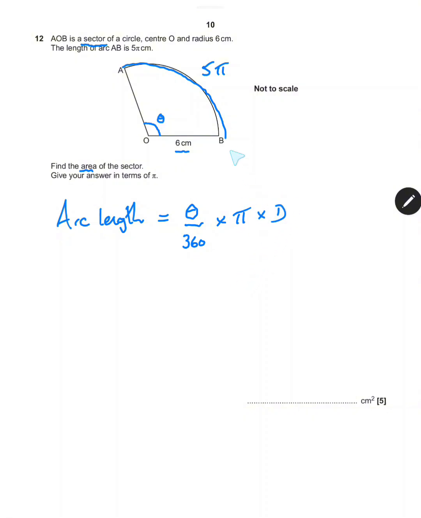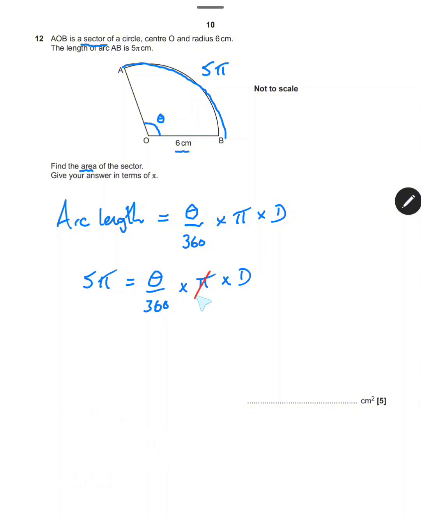Pi times diameter is the circumference of a full circle. This is the angle we've got, and this is the angles in a full circle. So what we're going to do is work this backwards, because we know that arc length is 5 pi. So we've got 5 pi is angle out of 360 times pi times diameter.